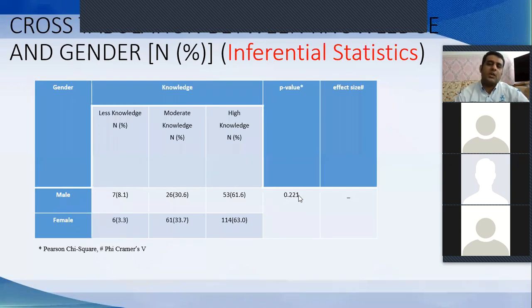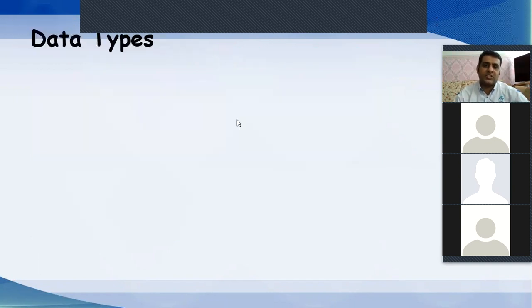Why? Because maybe year 4 students have very good knowledge, but year 1 students don't have that much good knowledge because they have just registered. They don't have the knowledge of the field. Then the p-value will not be non-significant. Here the p-value will be significant. So this is all about inferential statistics.